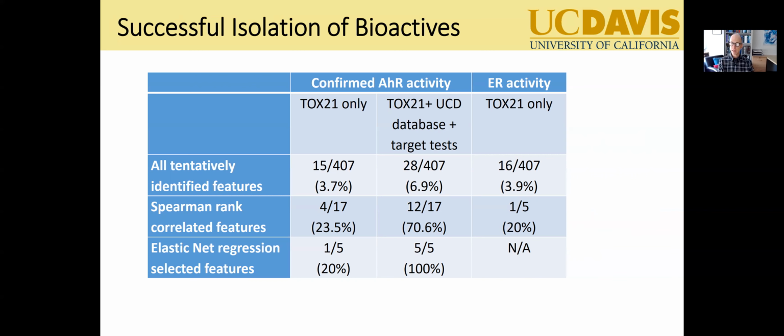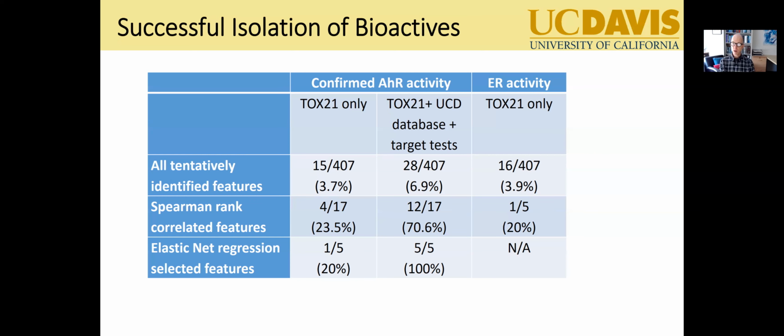We recently assembled a database of those results, and there's something like 7,000 active compounds, which is much larger than the active compound set in Tox21. And so when we look at that database, the UCD database, we get a much higher fraction in all of the bins, but you can see that the performance goes up.